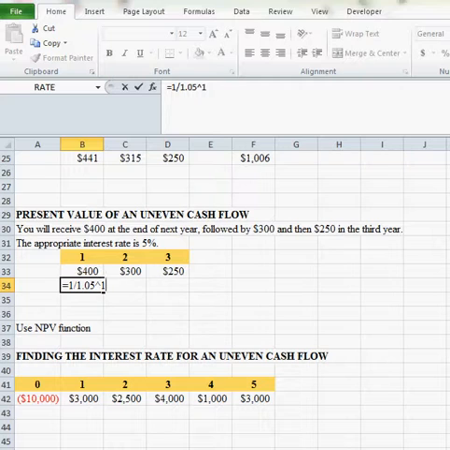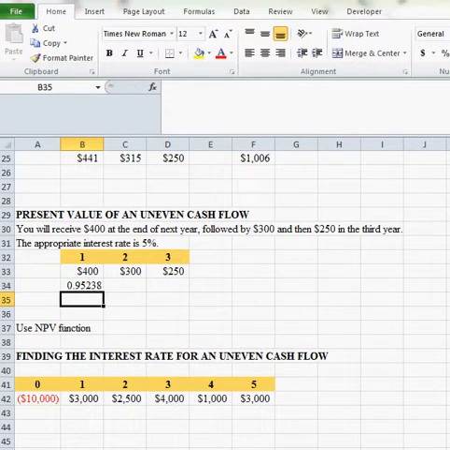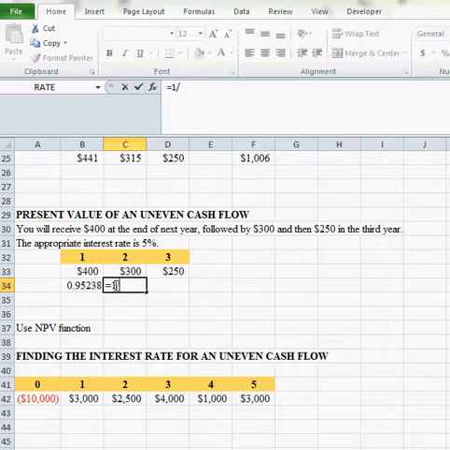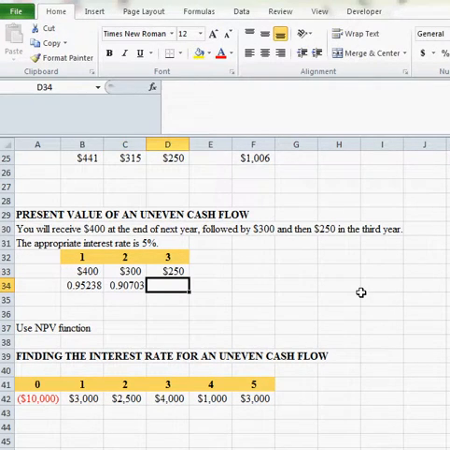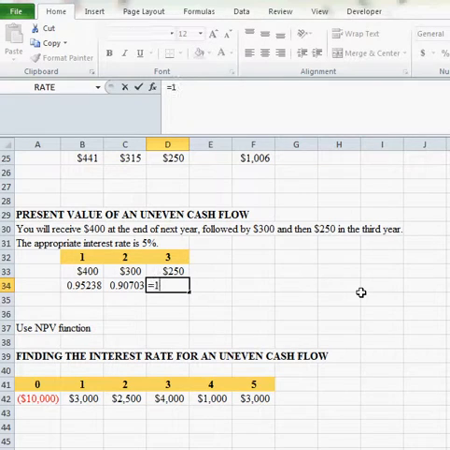When it's only 1, you don't actually have to go through that because it leaves it at the same, but 95% basically. Year 2, 1 divided by 1 plus the interest rate, 1 plus 5%, raised to the power of 2 years of discounting. Year 3, 1 divided by 1.05, raised to 3 years.